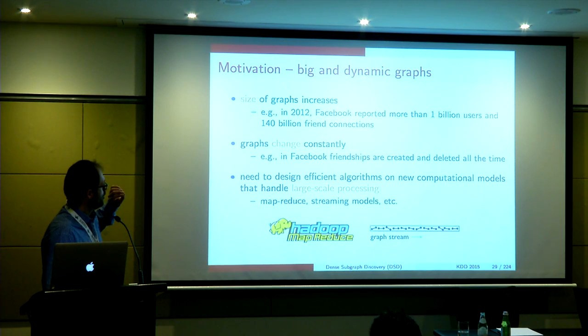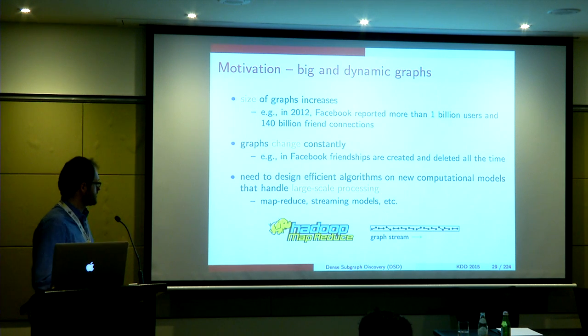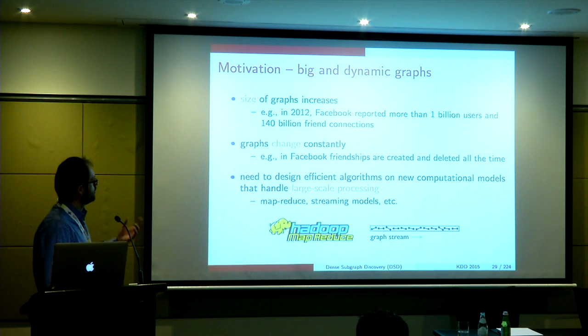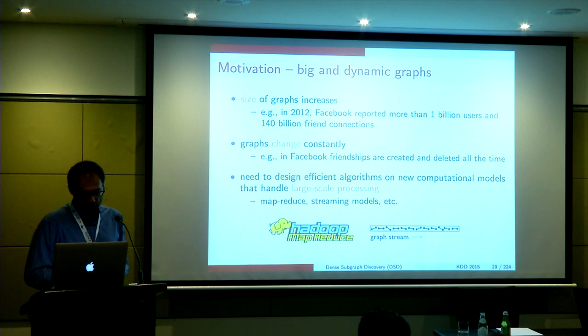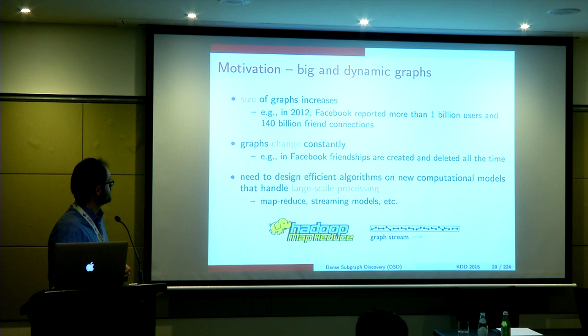issue of high performance. So nowadays, we do a lot of computation not just on our laptop, but on big clusters, Hadoop, MapReduce, to deal with really large data sets, billions of users. Facebook reported 1 billion users and 140,000 billion friend connections, so really large graphs, and this was even 5 years ago. Now I guess it's even larger. The graph becomes denser.